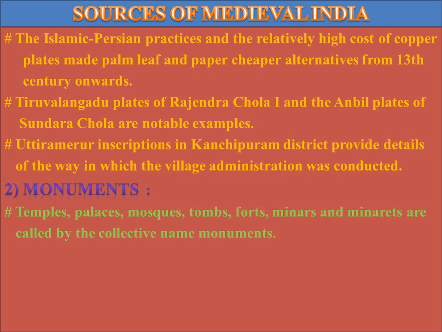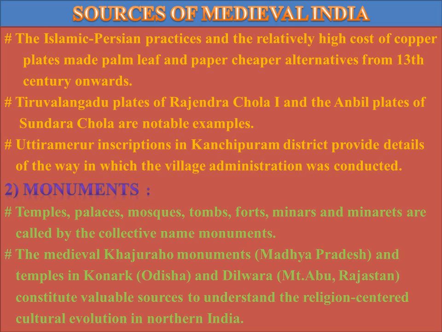The inscriptions in these monuments contain rich information which can be used to construct the medieval history. The Khajuraho monuments in Madhya Pradesh, and the temples in Konark, Odisha, and Dilwara, Mount Abu, Rajasthan constitute valuable sources to understand the religion-centered cultural evolution in northern India.